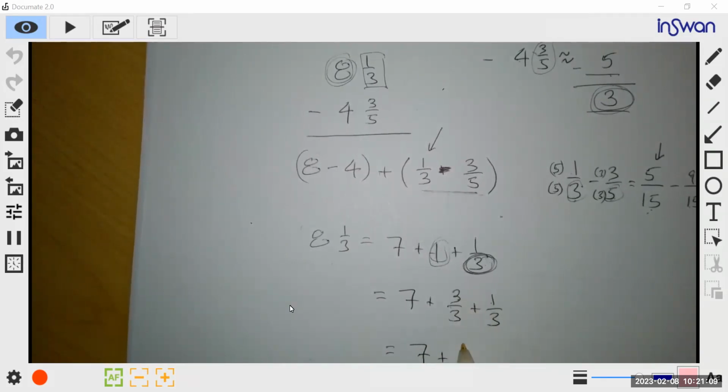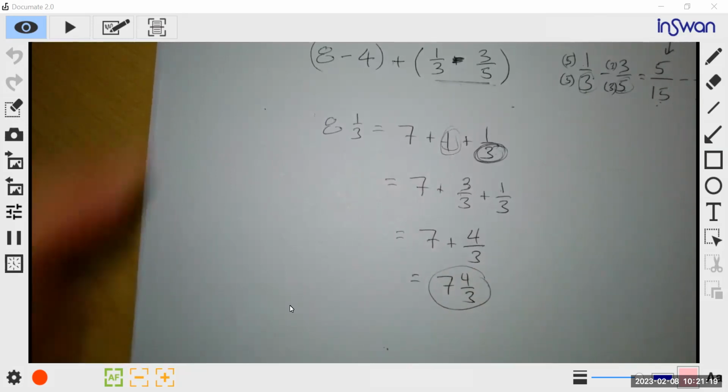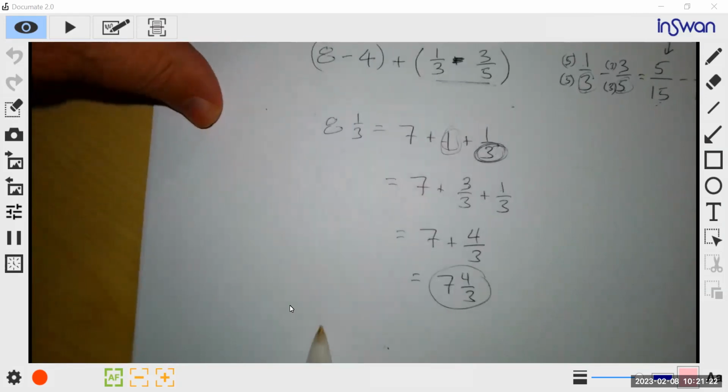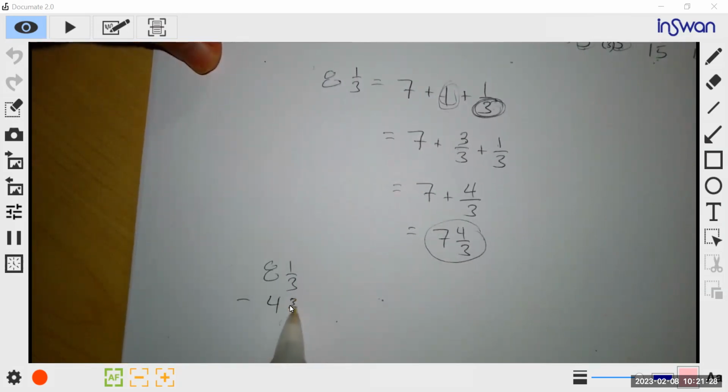Three plus 1 is 4. So this is the number we have to use then. Instead of 8 1/3, we have to use 7 4/3.